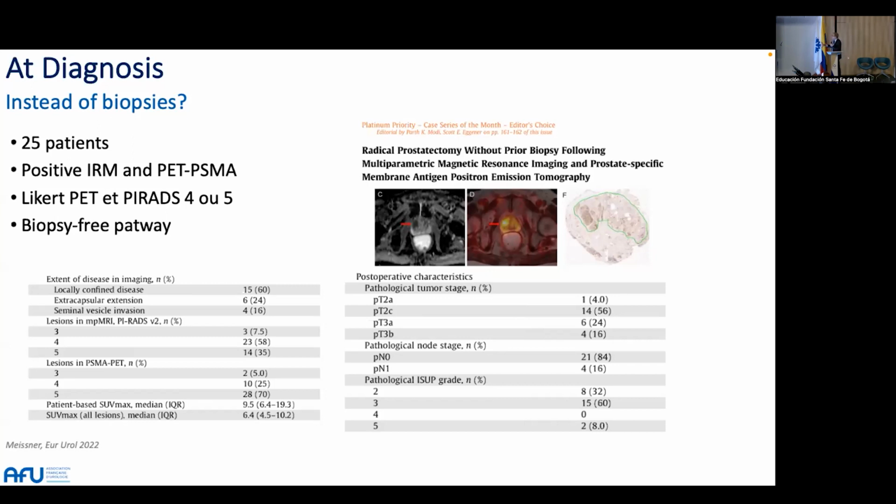And surprisingly, if you consider the positive PET PSMA and the PI-RADS 4 or 5, you have 100% of the patients who were detected, confirmed by biopsies. We'll see in the future if it's going to be a standard, and then we'll have to find a job for Philippe Camparo.